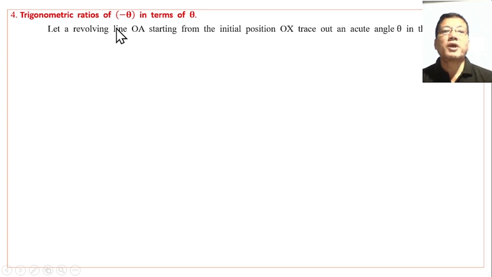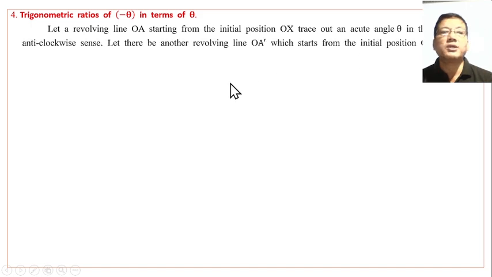Trigonometric ratios of minus theta in terms of theta. A negative angle and a positive angle follow opposite rules, which we establish. Let a revolving line OA starting from the initial position trace out an acute angle theta in the anticlockwise sense.